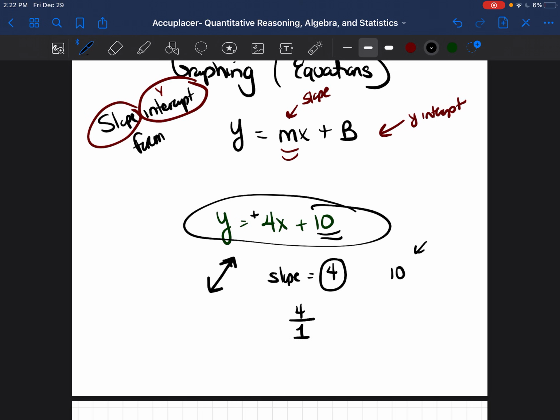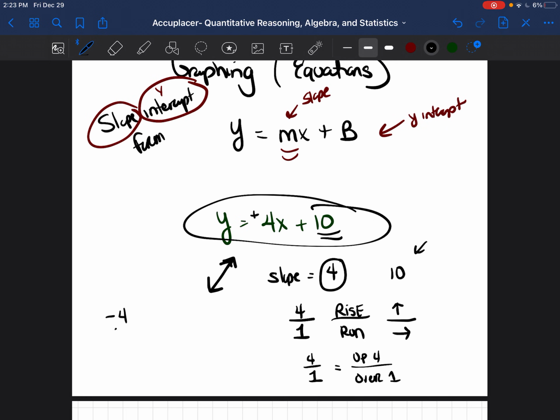The reason why I like to make the slope into a fraction is because it's usually written rise over run. Meaning, if it's a positive number, it's going to go up 4, and then it's going to go over 1. So 4 over 1 of a slope means you're going to go up 4, and you're going to go over to the right 1.